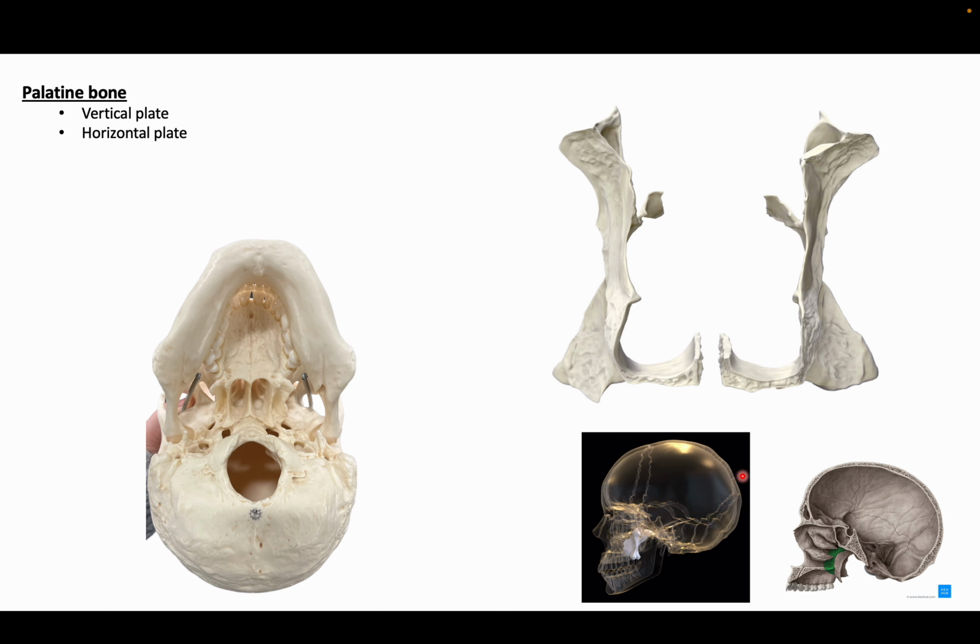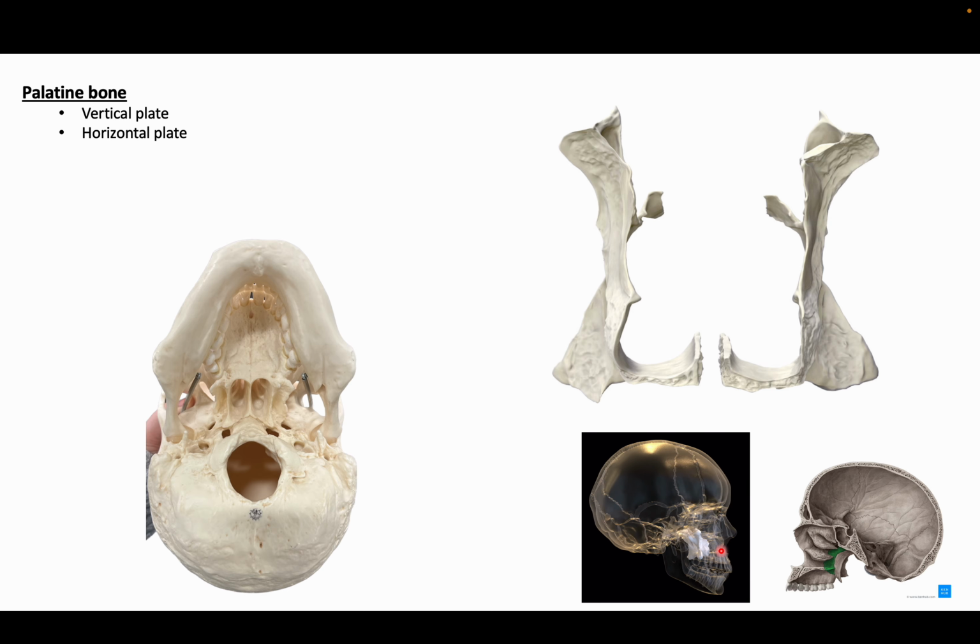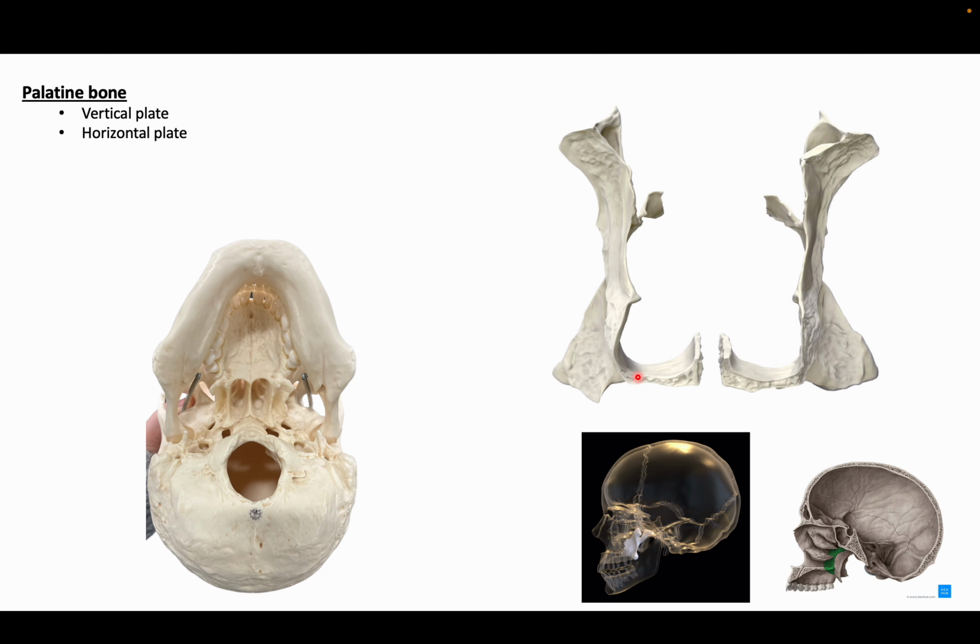All right, now I want to examine the palatine bone. The palatine bone, as you can see here, is a paired bone that's located in the back of your nasal cavity. So you cannot see the palatine bone directly looking at someone. It's all the way in the back. What it really looks like is that it forms an L shape, like the letter L. Because of this, there's going to be the vertical plate, which goes up and down, and then the horizontal plate.